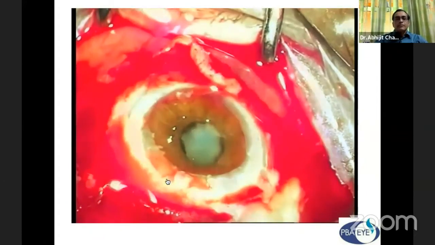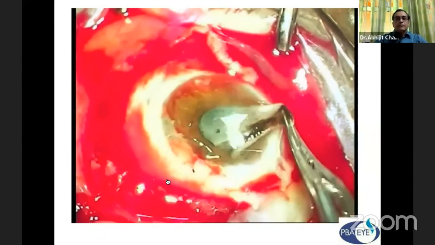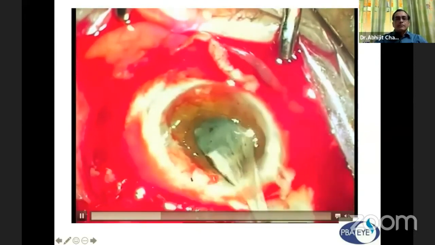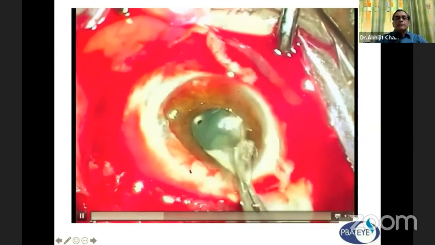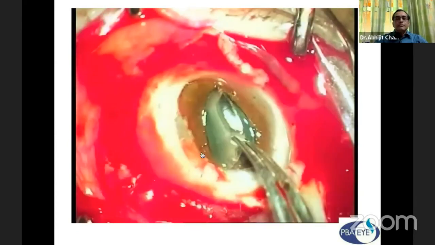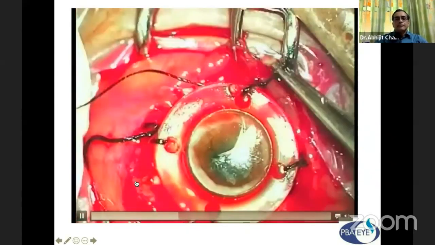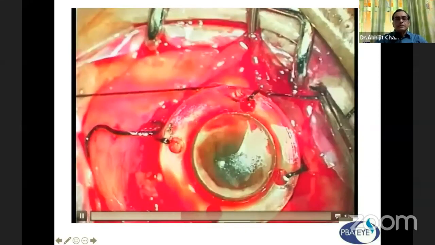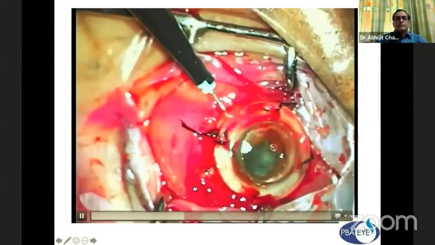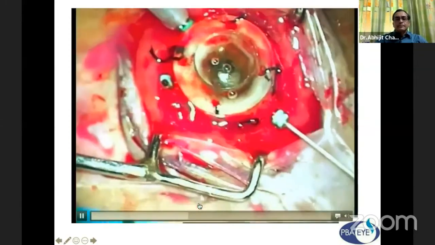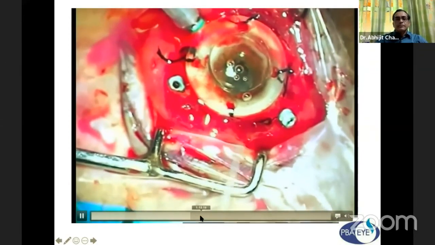What happened with the intraocular lens? In case of severe infections, it is better to remove the intraocular lens and make it a single chamber. The keratoprosthesis was fixed to the sclera with 4-0 suture. Sclerotomy ports were made, and 25 gauge sclerotomy ports gave us definite advantages, as we can see here.